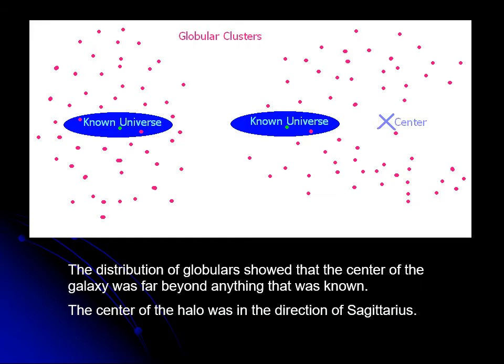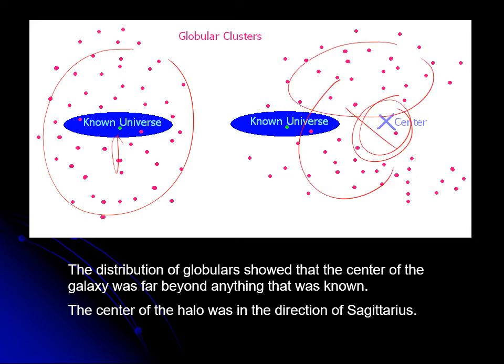By doing that, he expected to find that all these globular clusters were centered around us, the known universe. In fact, they thought the entire universe was just the Milky Way galaxy, the part that we could see. But what he discovered was that the center of the clusters was actually out over here, beyond where they thought the universe's edge was.